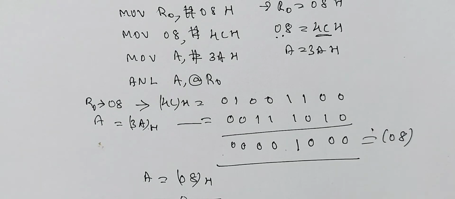The first bit of the source is operated with the first bit of the destination only. The seventh bit is operated with the seventh bit of the destination only. And the final result is always stored in A. During these logic operations, no flags are affected. It should be noted: no flags are affected.